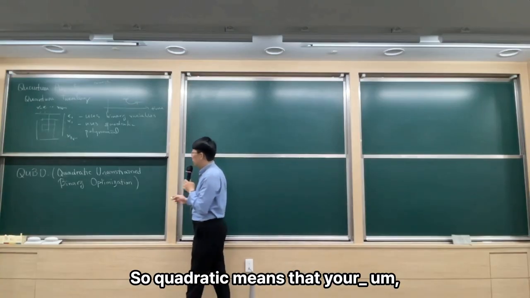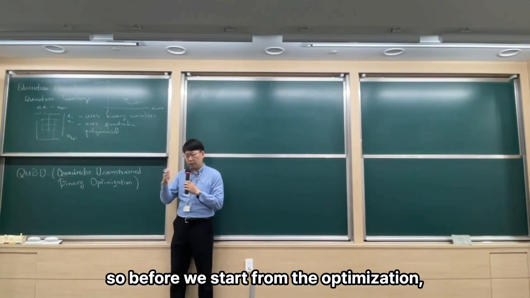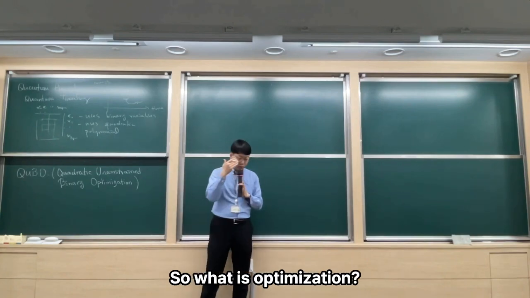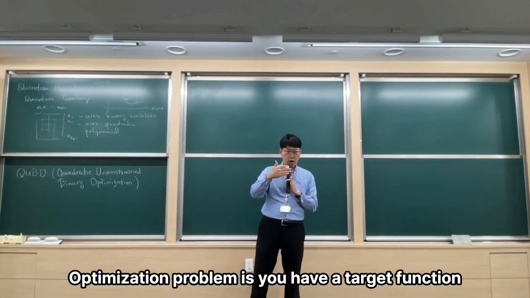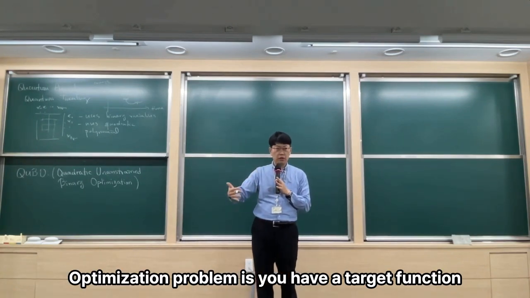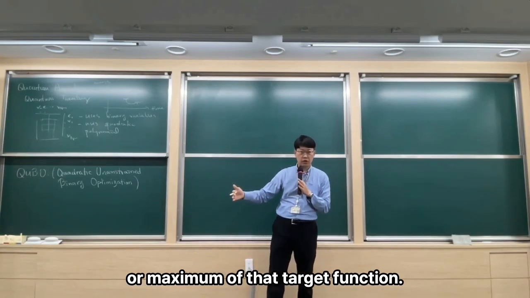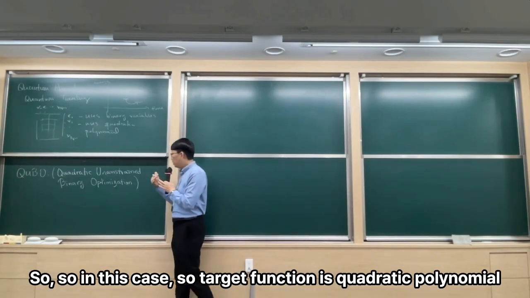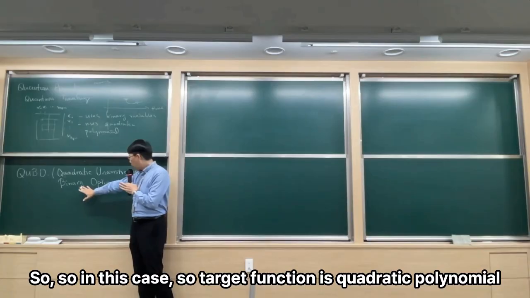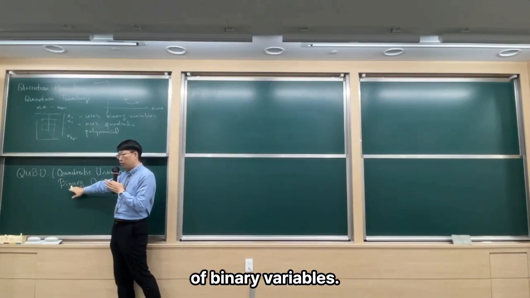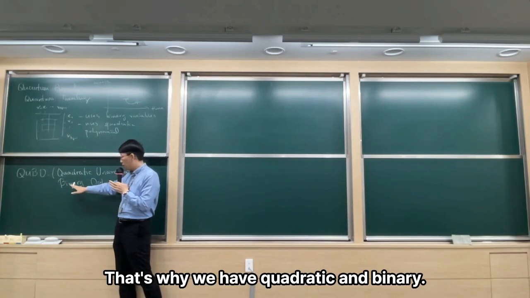Quadratic means that, before we start, what is optimization? An optimization problem is where you have a target function and you want to find the local minimum or maximum of that target function. In this case, the target function is a quadratic polynomial of binary variables. That's why we have quadratic and binary.